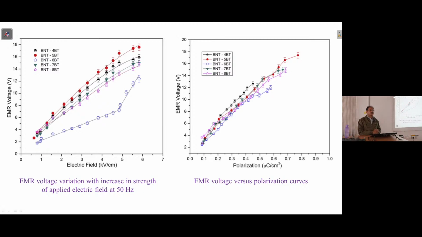This very nice correlation allows us a different measuring technique also. If you want to know the extent of polarization, you can measure this non-contact signal, and that gives information on to what extent the polarization has been achieved in the material.